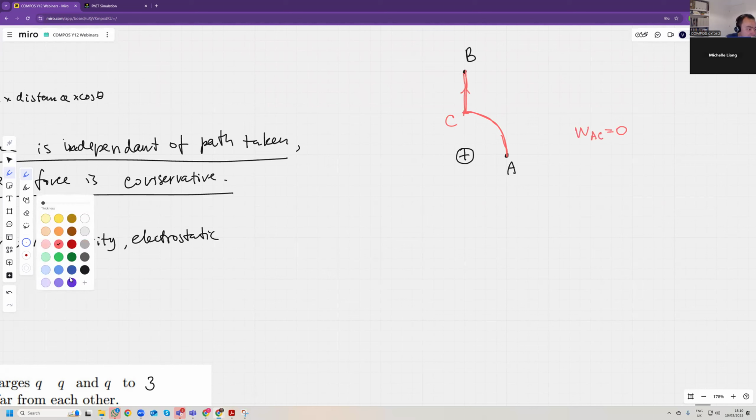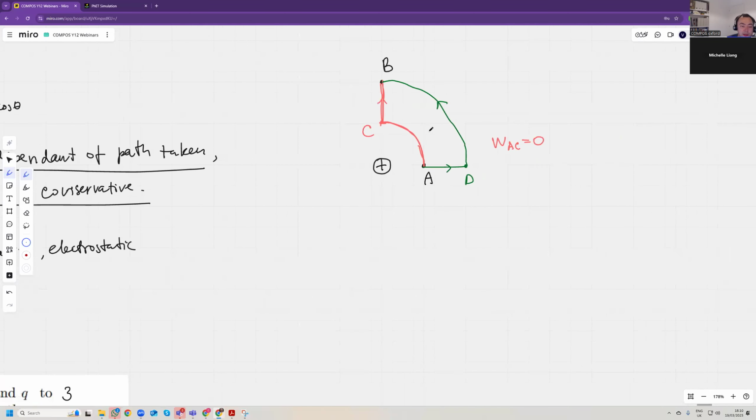Or you can move from A to B in a different path. For example, you could take this path, go from A to point D, and then D to B. In this case, the work along AD is 0.